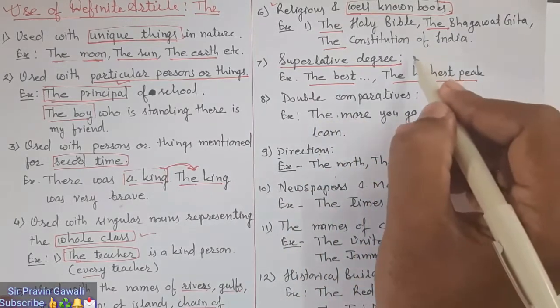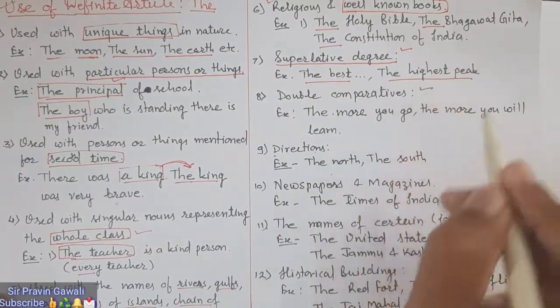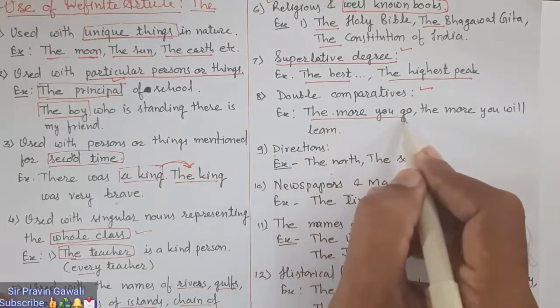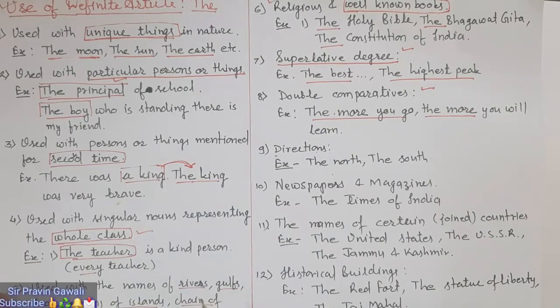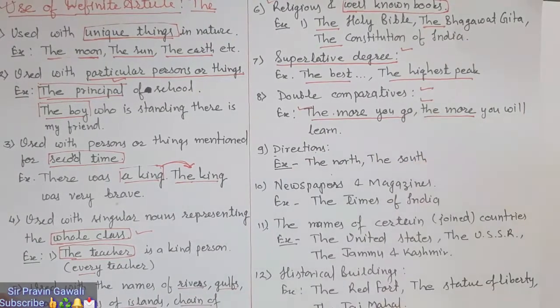You should know what a superlative degree and a comparative degree are, then you can use this. The more you go, the more you will learn. It means when we use a comparison, then the article can be used.